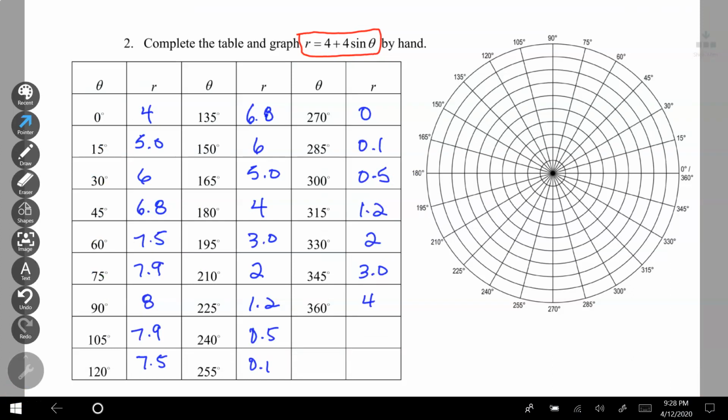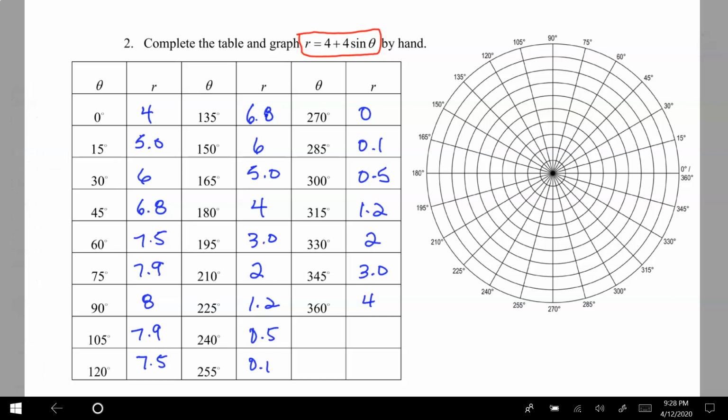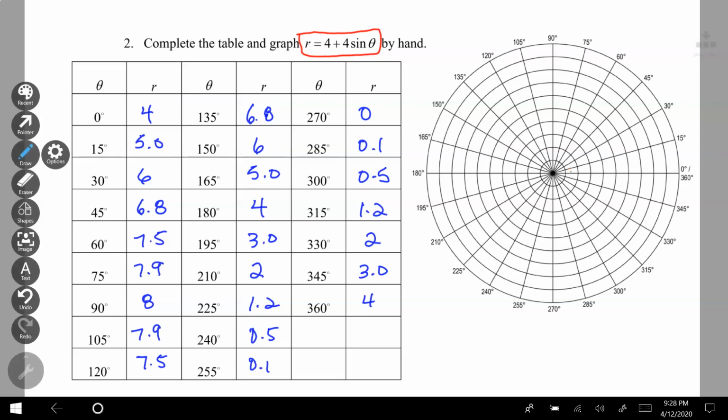As you can see, I completed the table using the graphing calculator, and now I'm going to start plotting these points. At 0 degrees, I'm going to go up 4. I'm going to get my pen back. 1, 2, 3, 4. 15 degrees, I'm going to be at 5. 30 degrees, I'm going to be at 6. 45 degrees, I'm going to be at 6.8. 60 degrees, I'm going to be at 7.5.